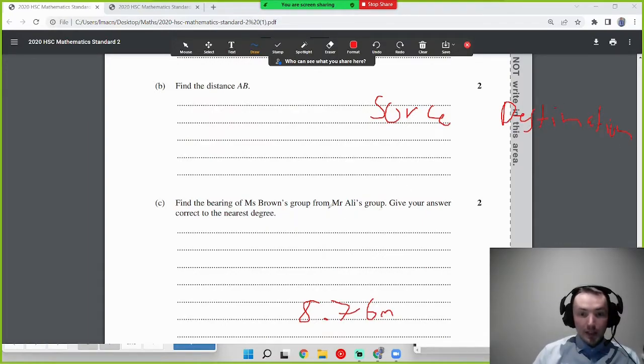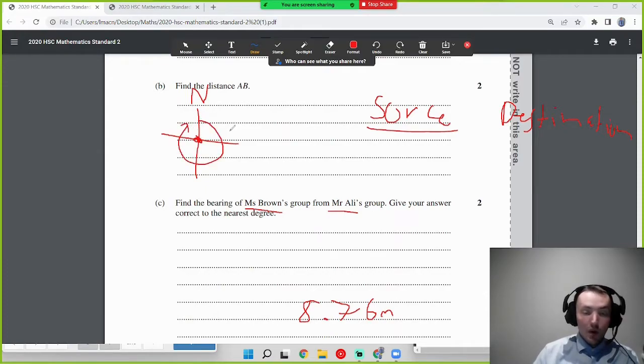In this case, Miss Brown's group from Mr. Ali's group, so Mr. Ali is the source, or the original point, and the destination is Miss Brown. If we were to draw our little cross, with the center point and north up here, the center point would be Mr. Ali, and the bearing, whatever degree it is, would be to the destination, which is Miss Brown.